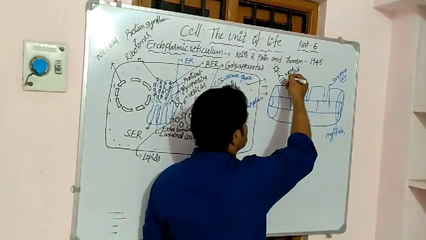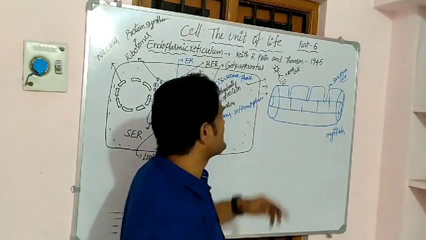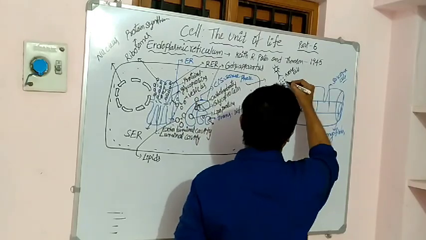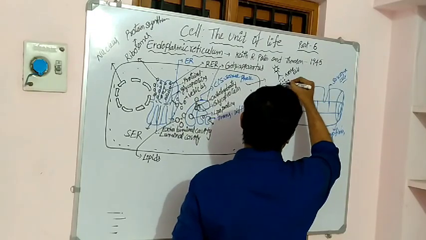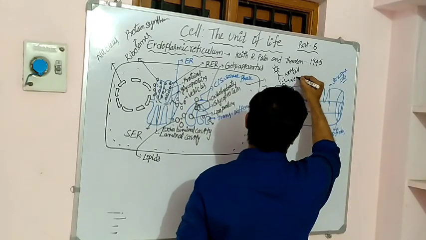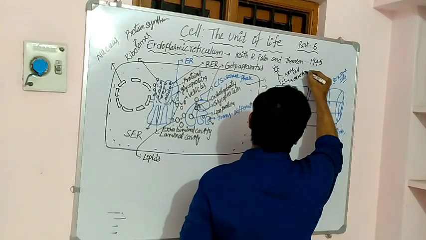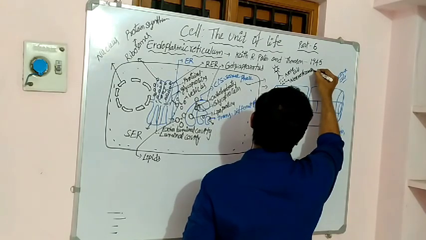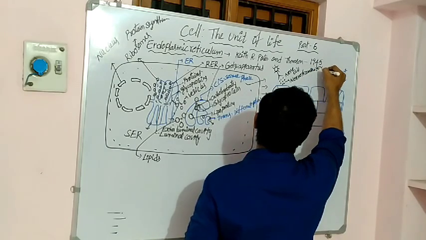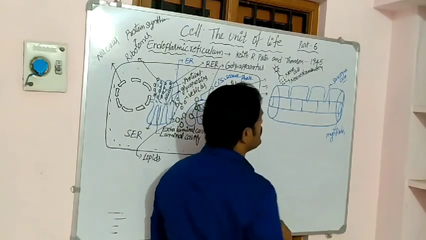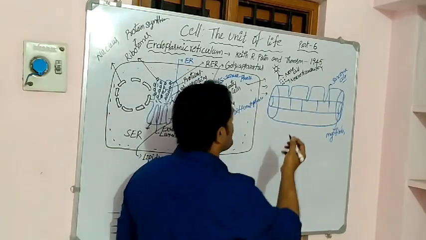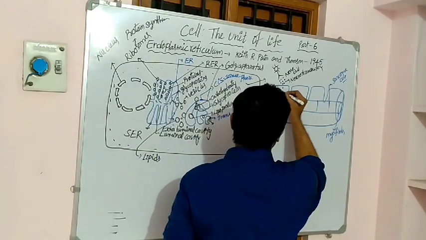Once the nerve cell releases the signals as neurotransmitters, these signals are called neurotransmitters. Once the neurotransmitters are released into the muscle cell like this.